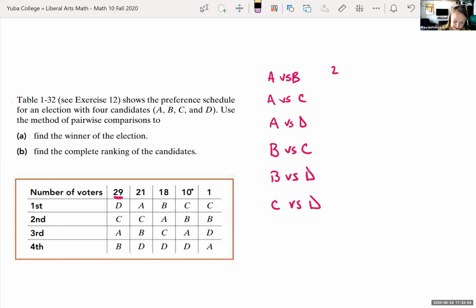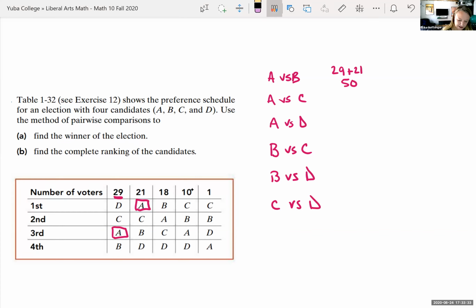How am I going to do this? Let me just mark all the times A won. So they got 21 here. And B won the rest of them. So A was 21 plus 29, which is 50.